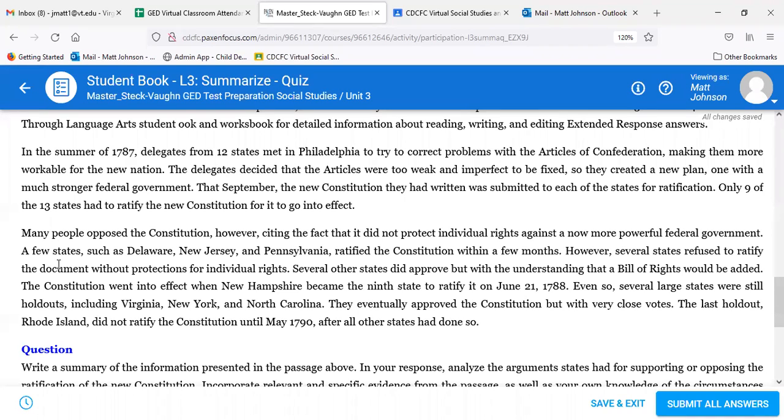What was the point that got them to approve it? What was going to be added? The Bill of Rights, right? Yeah. So that was the protection, and that's like this final cause and effect. With the addition of the Bill of Rights, you get enough states to ratify it and pass it.